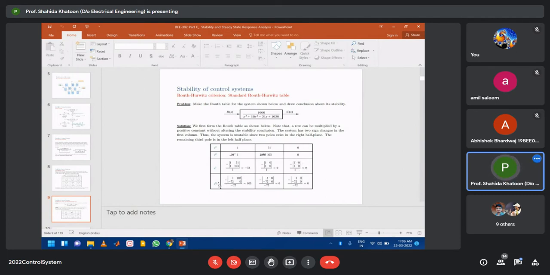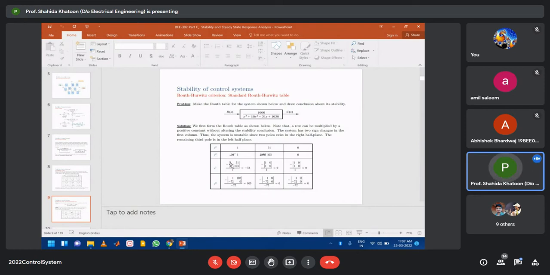Now s^0 is basically this and this column. This determinant will take 1, 103, minus 72, 0. If you solve this determinant and divide by this value, which remains the same throughout the row, you get 103.